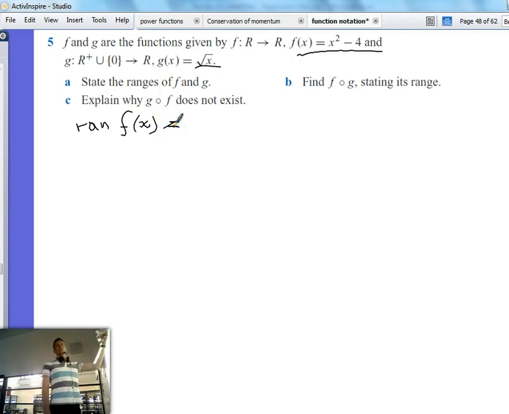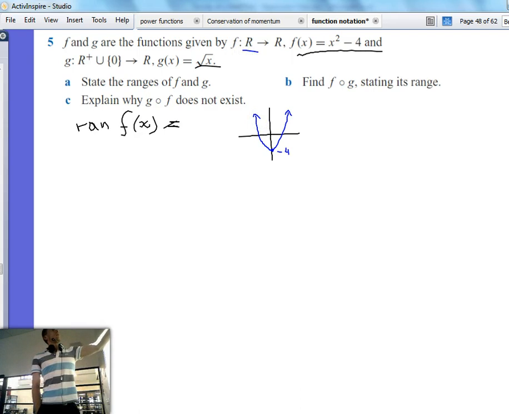We have to think about the minimum y value and the maximum y value. So if we consider the parabola of the f of x function, x squared minus 4, that's a parabola that comes down, has a turning point at y equals negative 4, and then continues. And this is for all real numbers.